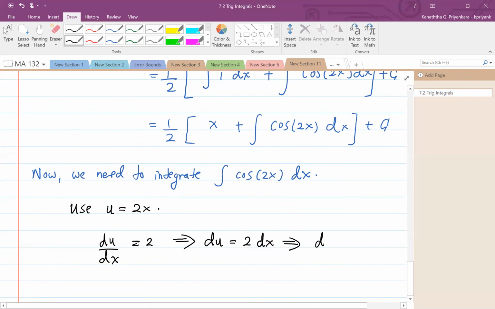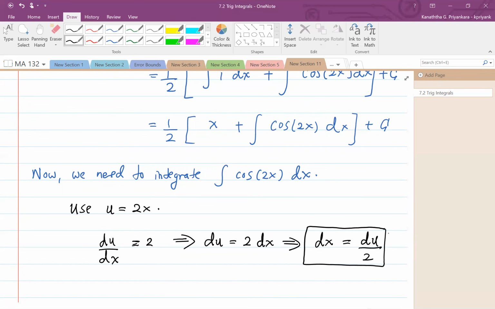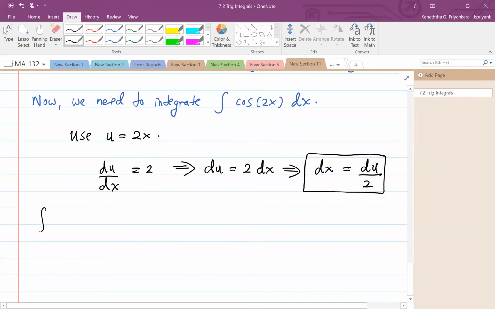So I'm going to divide both sides by 2. So we get dx equals du over 2. Now we can substitute our u and dx into the given integral. Then we can get the expression for this integral.